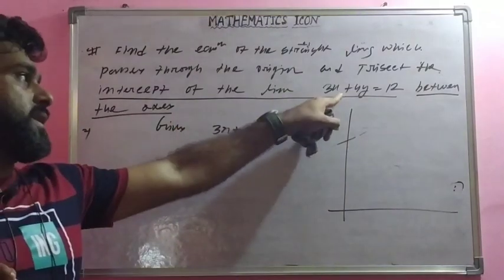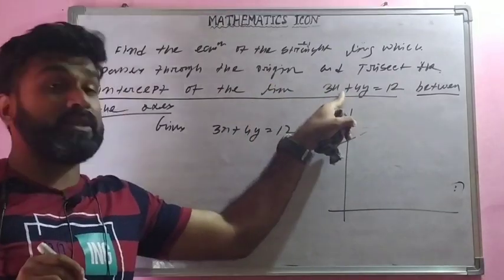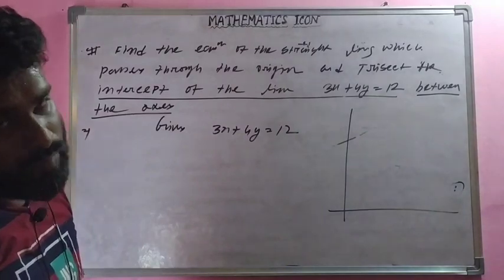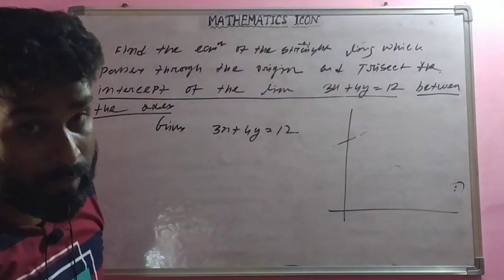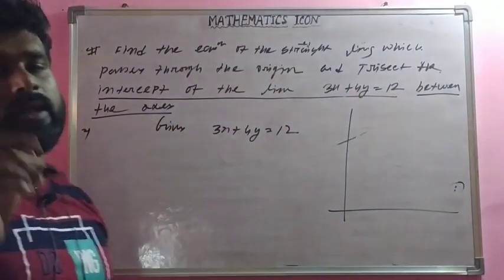That means इस लाइन का intercept, that means ये लाइन intercepting form of a straight line में सजाना पड़ेगा. क्यों? क्योंकि between the coordinate axis ये बोला गया.